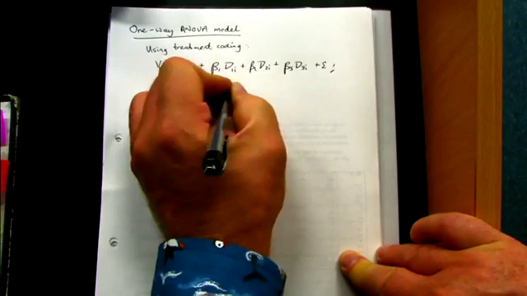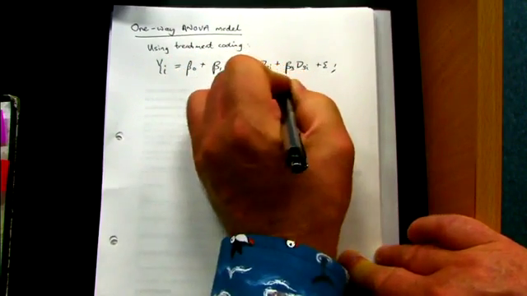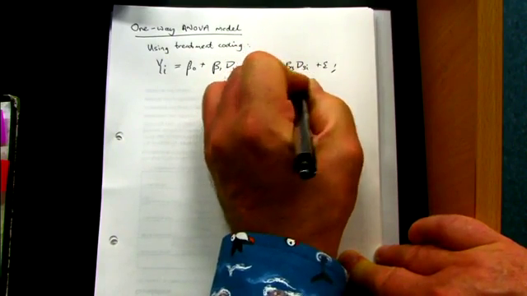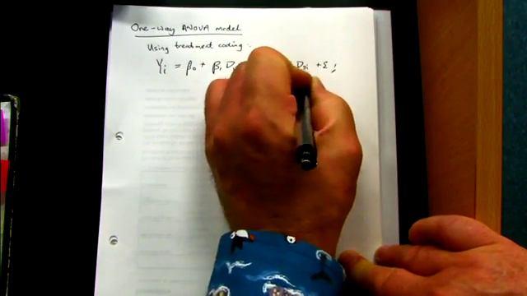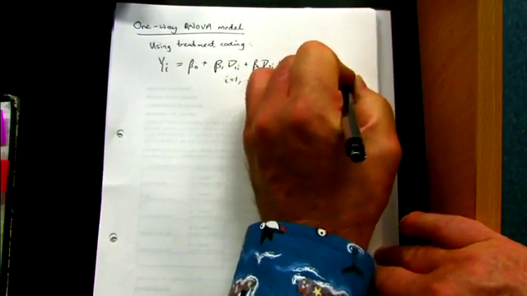So, i goes from 1 up to n equals 24, and the errors are assumed IID, normal, 0, sigma squared.